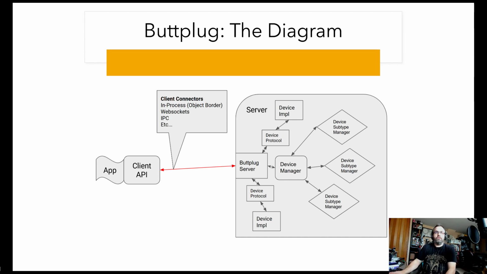It needs to go through and look at all of the different buses it supports, Bluetooth, USB, serial, and see if there's any devices on them we want to know about. So each one of those things is handled by this device manager object right here. So you'll have a Bluetooth device manager, a USB device manager.